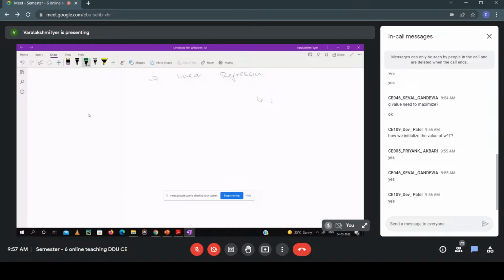Okay, so as we saw, so far our optimization problems are unconstrained. Now we have a constrained optimization problem. One way to solve this is to convert the constrained optimization problem into an unconstrained optimization problem.